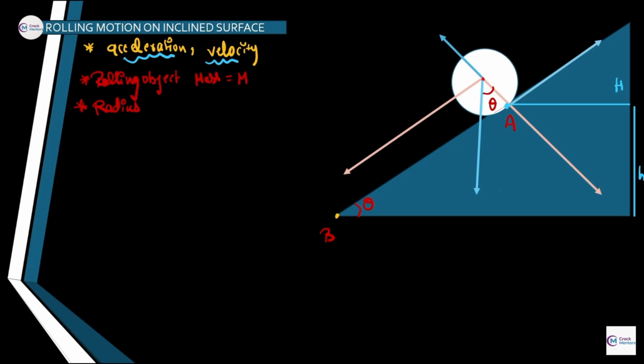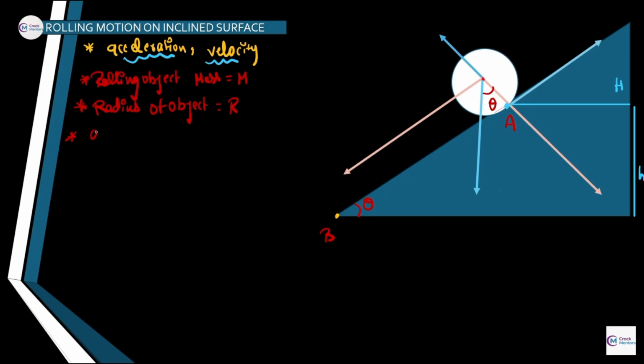Let me know if it is clear to you or not. Okay, the radius is equal to capital R. Radius of the rolling object is nothing but capital R.